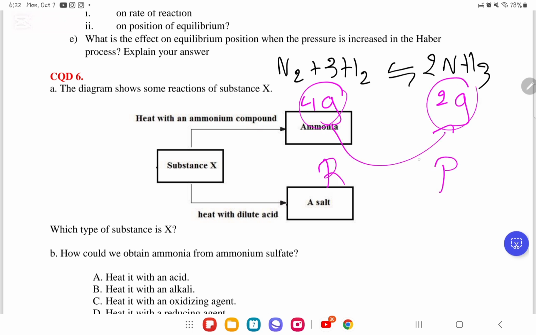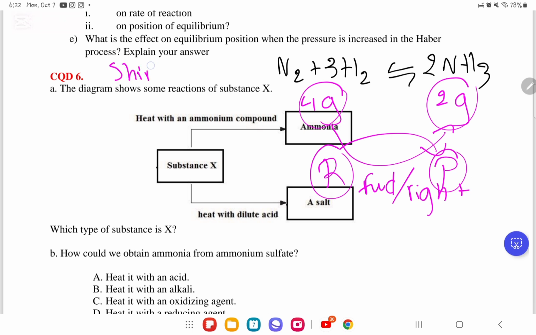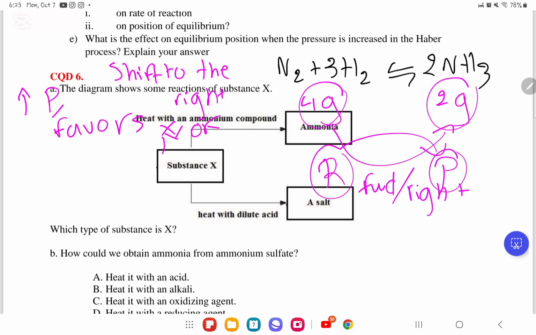So the reactants will be giving to our products. And then finally we can say that it is a forward or right shift. So the equilibrium position will shift to the right. Why is that? It is because an increase in pressure favors the side with fewer gases. So it will move to the right.